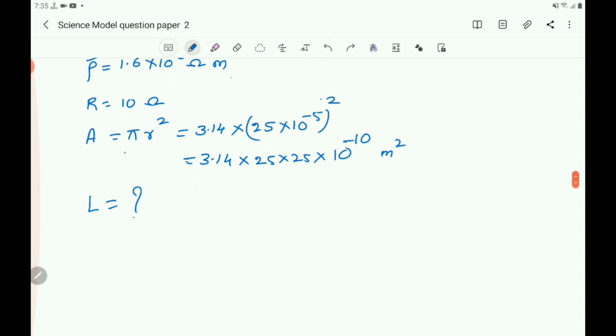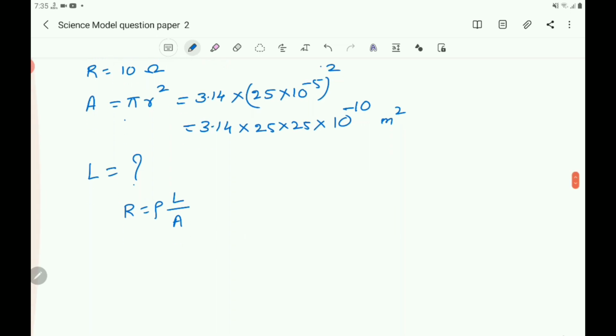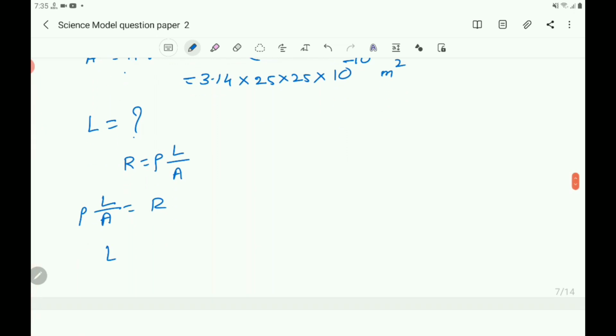What is that relation? You know that R equals rho into L by A. Here we have to find out L, so you interchange LHS and RHS: L by A into rho equals R. Then L equals R into A by rho.